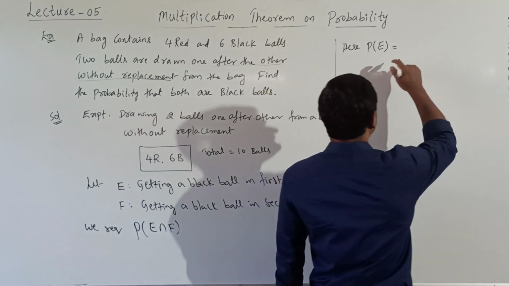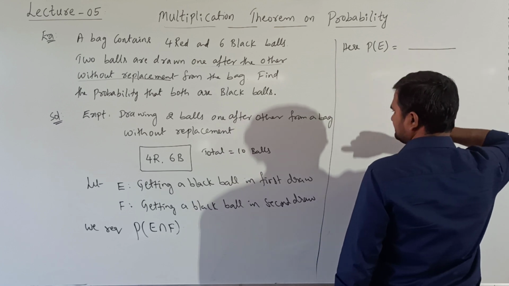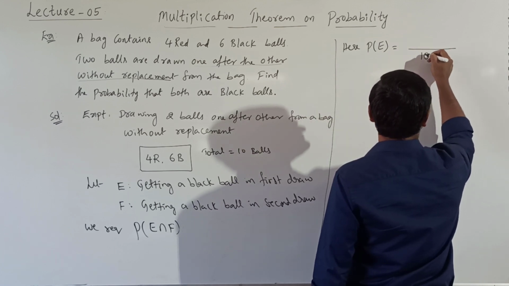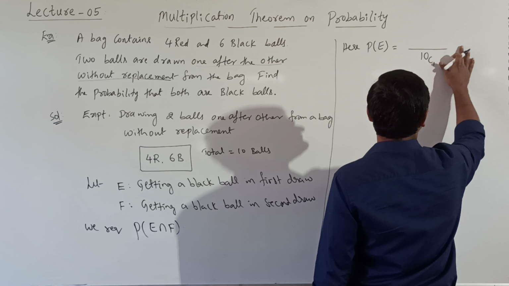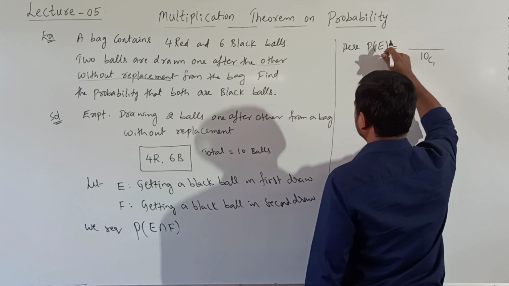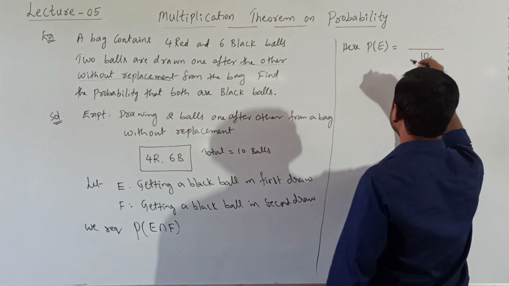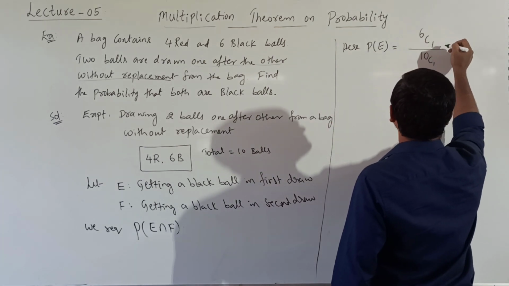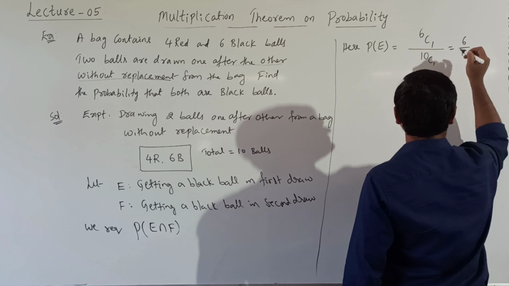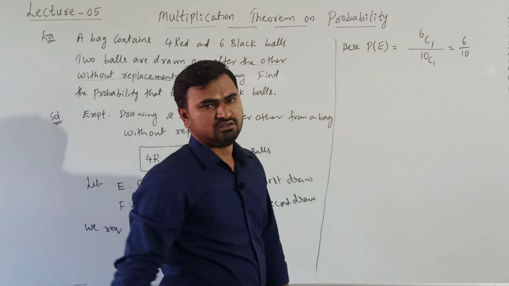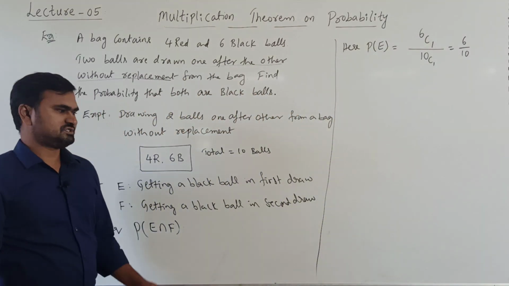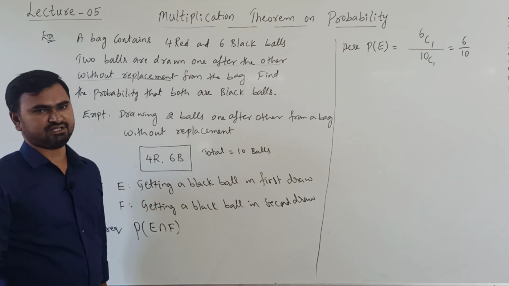The denominator: from 10 balls we are drawing 1 ball, so it is 10C1. Numerator: from 6 balls we are drawing 1 ball, so it is 6C1. So the probability of the first ball being black is 6 by 10, we will simplify later.